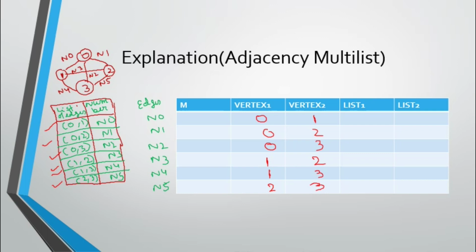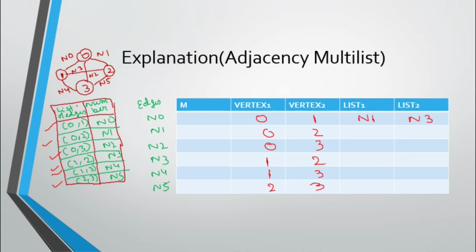Now how to fill the two link columns? When you select 0 to 1, where does the next 0 come? The next 0 comes in n1, so write n1 here. For the 1, the next 1 comes in n3, so write n3.